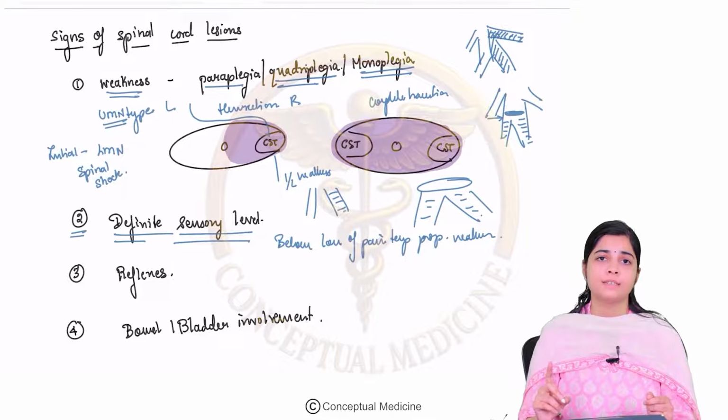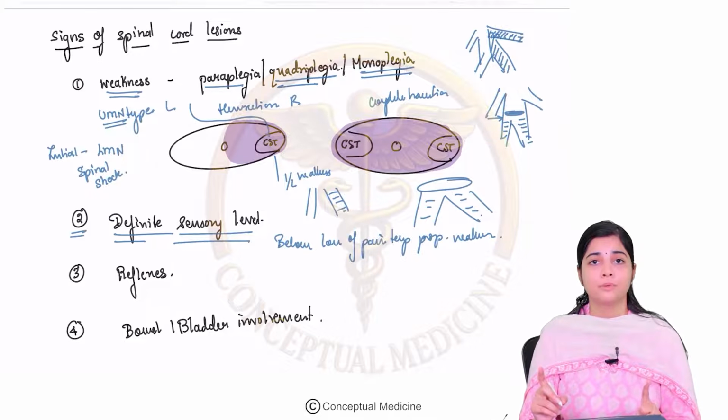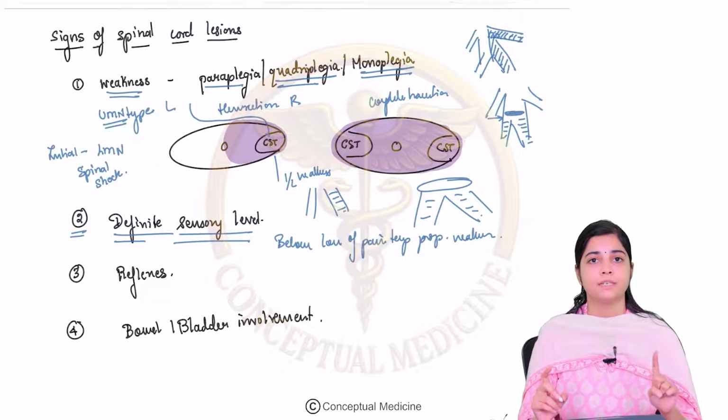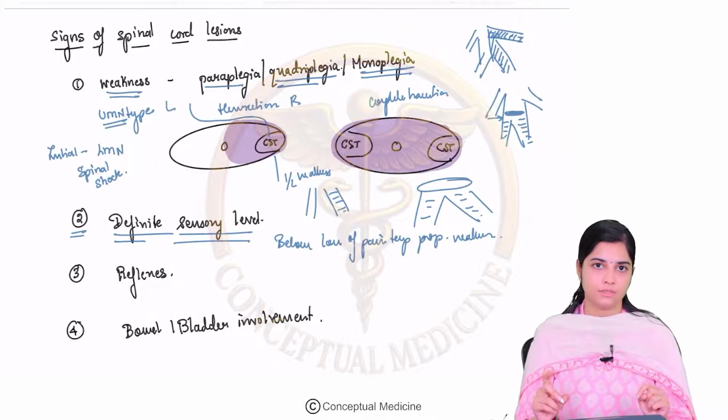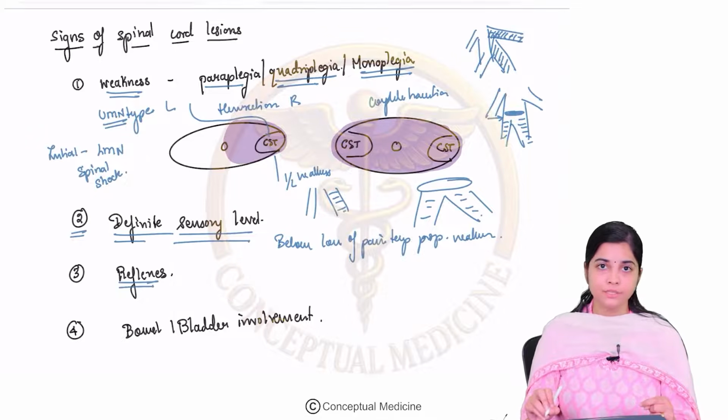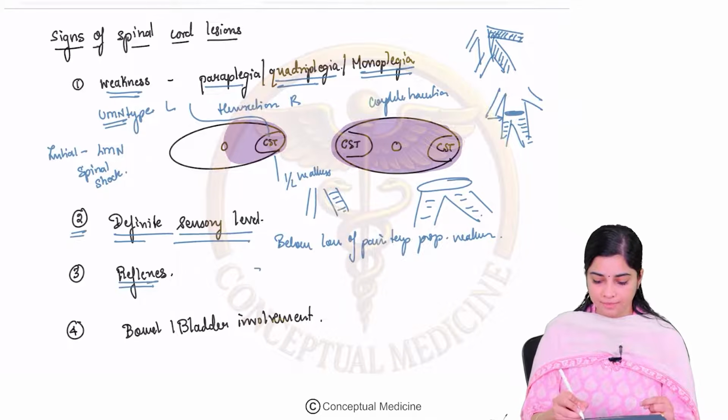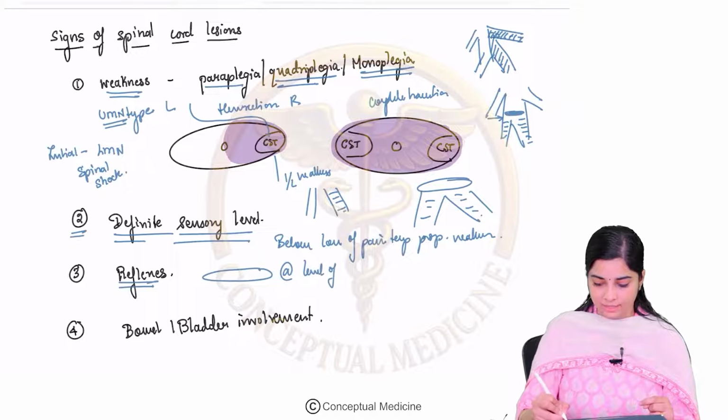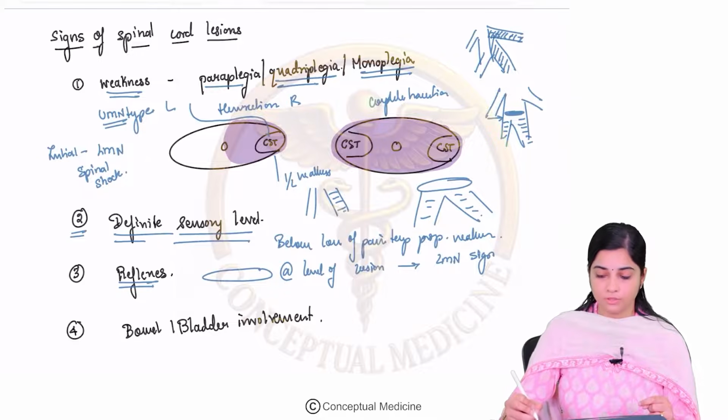Presence of a definite sensory level is one of the most important signs which helps you localize a weakness to a spinal cord lesion. Then what happens to the reflexes? Always remember, in spinal cord lesions, at the level of lesion you will have LMN signs, or lower motor neuron signs.